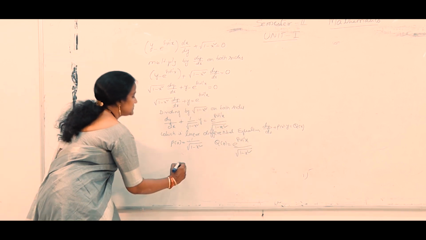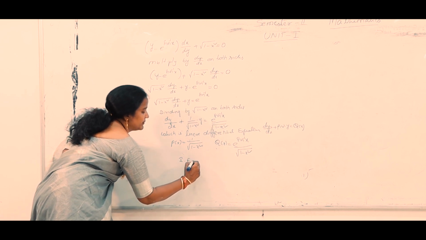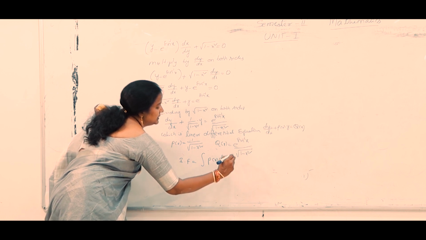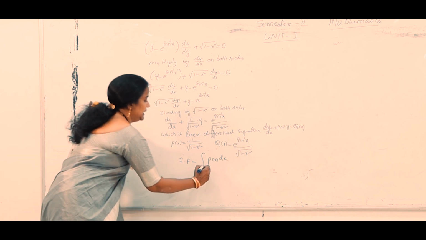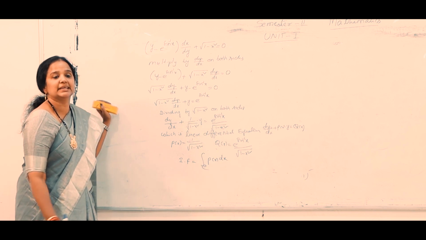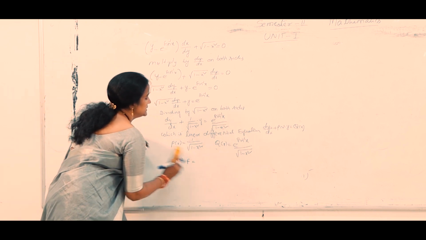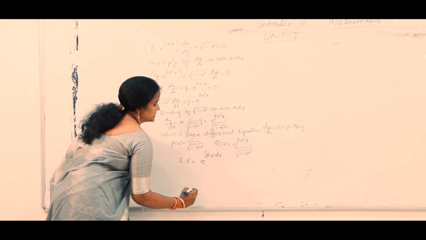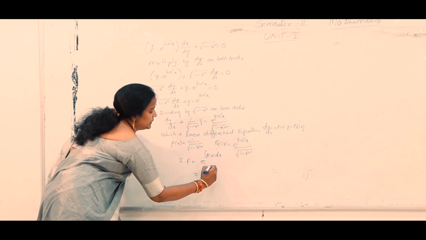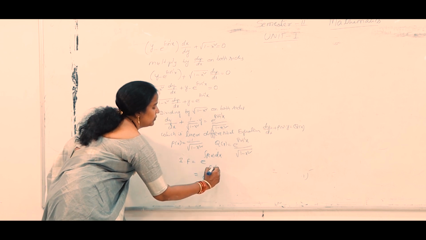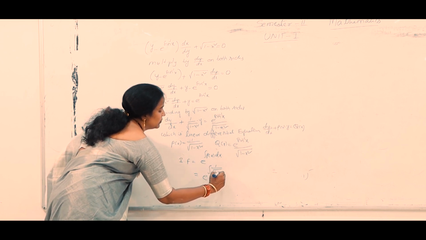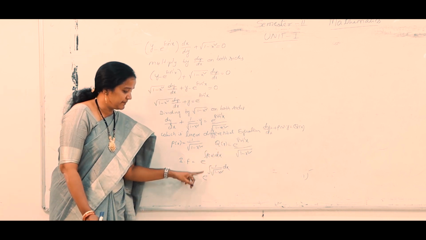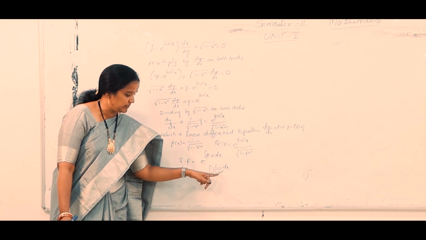Next, what is the second step? Integrating factor. What is the formula? IF is e power integral p of x dx. So that means e power integral of 1 by root of 1 minus x square dx. What is the formula for integral of 1 by root of 1 minus x square?